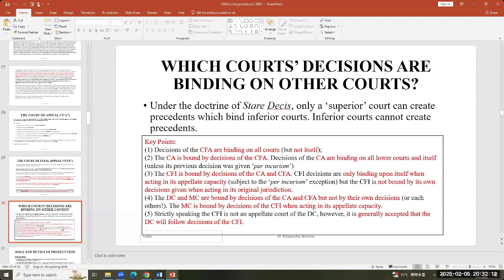We like to throw around fancy Latin phrases as lawyers because it shows how much money we've spent on our legal education. But per incuriam means without considering binding precedent. In other words, the previous Court of Appeal got it wrong because they weren't referred to binding precedent.